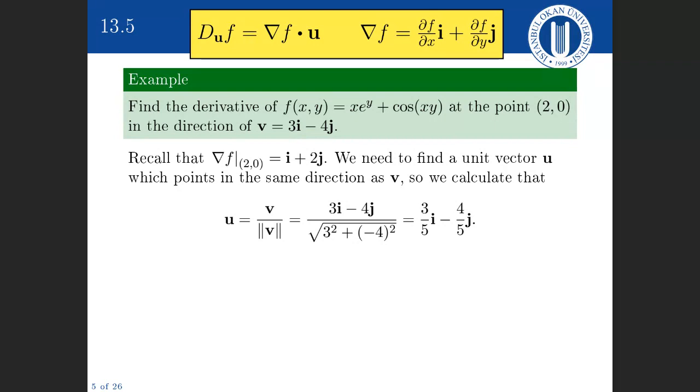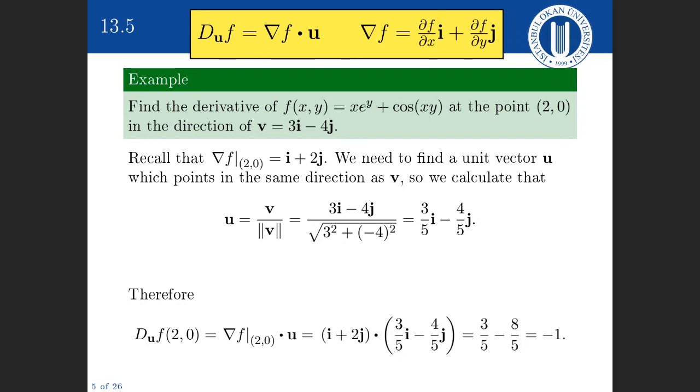So our unit vector is going to be 3 over 5 i minus 4 over 5 j. And then we're almost finished. All that's left to answer this question is to calculate the dot product of these two vectors. And I'll leave it for you to check that the dot product is equal to minus 1.